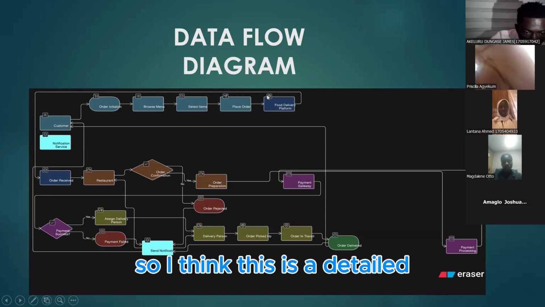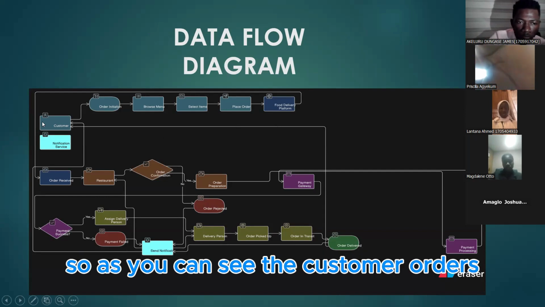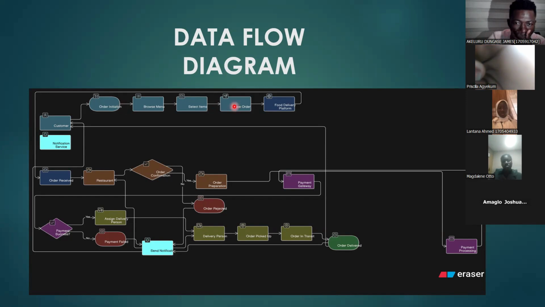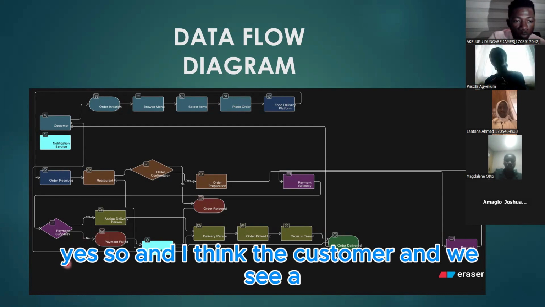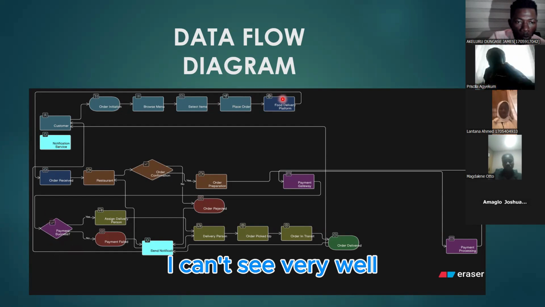This is a detailed data flow diagram of our online food delivery system. As we can see, the customer browses, selects items, and places the order here.